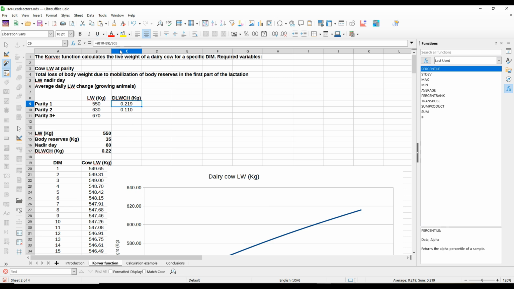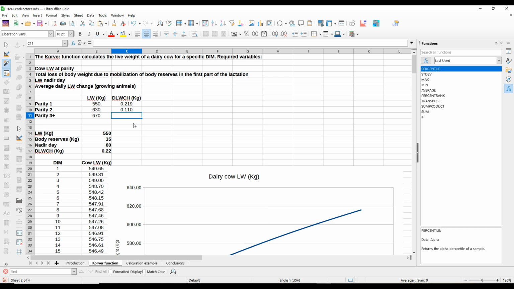You see the calculation here is this weight minus the starting weight divided by 365 days. Okay, 0.22 kilograms per day. The same way we can do the calculation for second lactation cows, and for the third lactation cows and greater. For the greater lactations, we don't use a live weight growth rate.